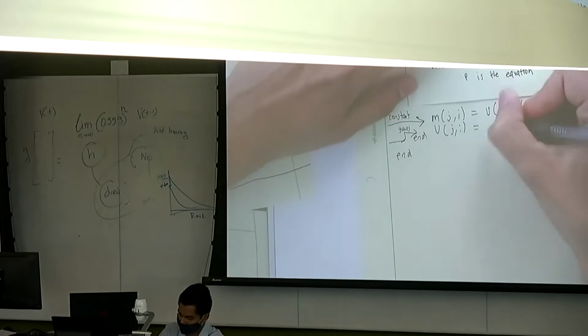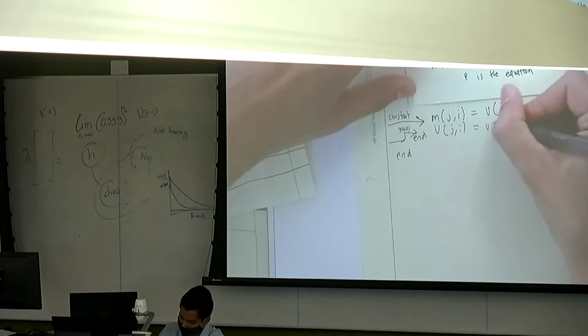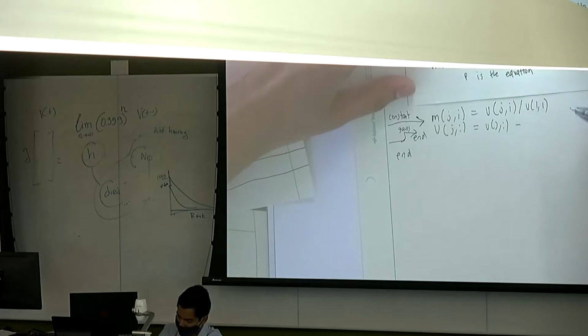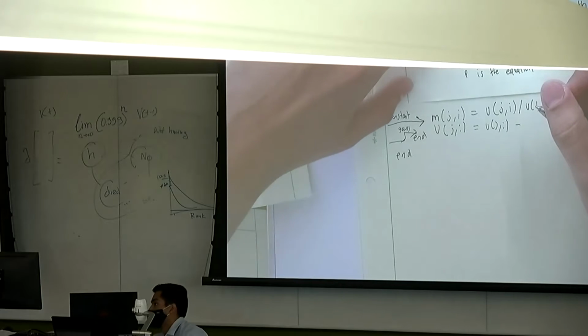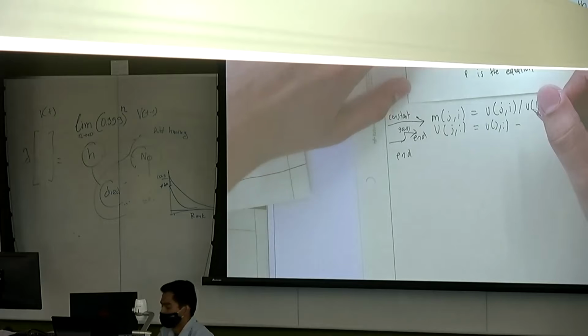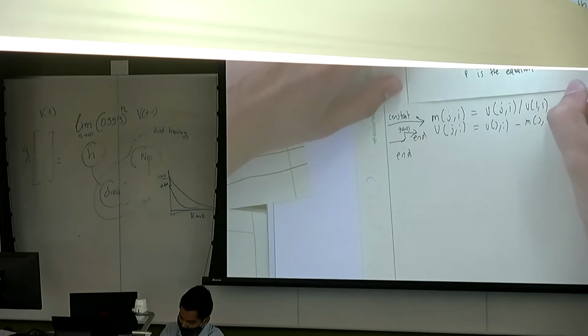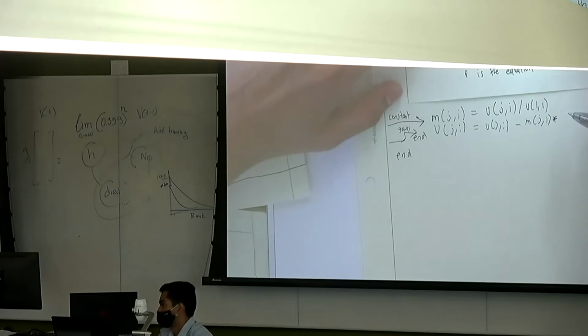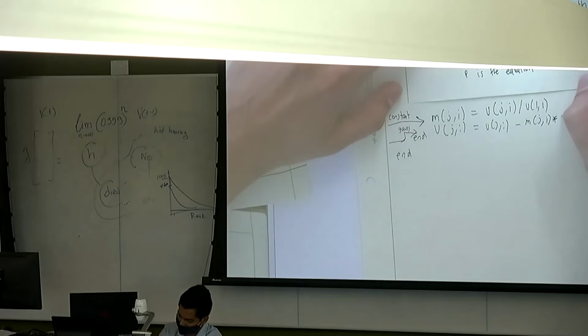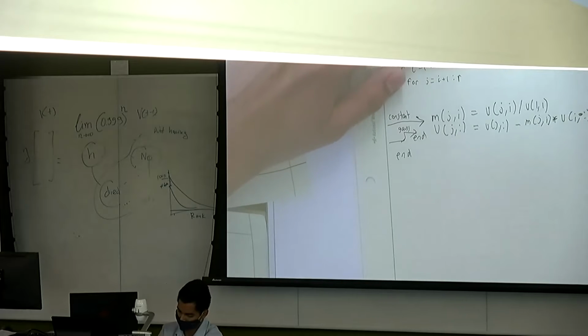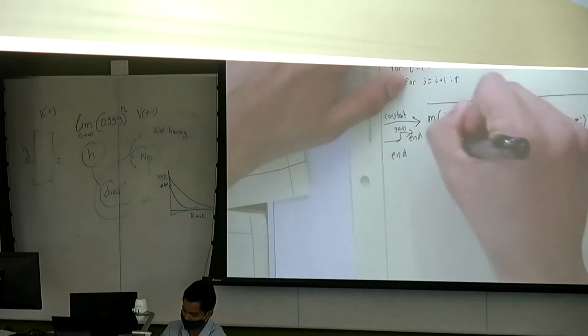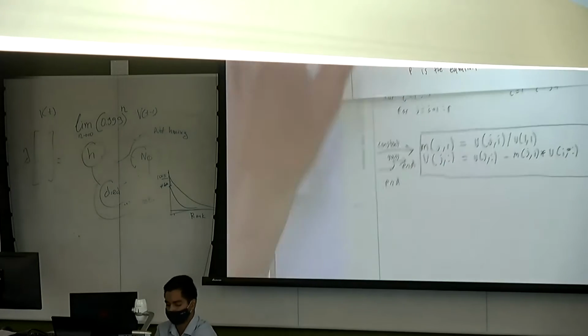That's going to be same thing, U of J comma colon minus the multiplier, which was J comma I, and then times the pivot equation, which was the I comma colon. Okay. So these are the only two equations we need. Already got one of them. Let's plug in the other one.